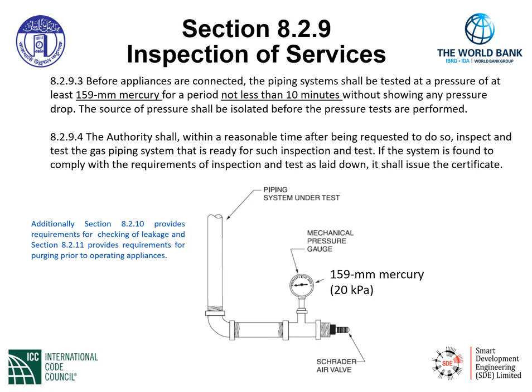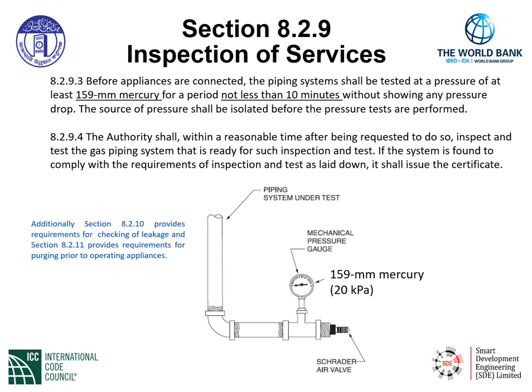Inspection of services, again, takes on another requirement here. Before the appliances are connected, the piping systems are required by this section 8.2.9.3 to be tested at a pressure of at least 159 millimeters of mercury for a period of not less than 10 minutes.